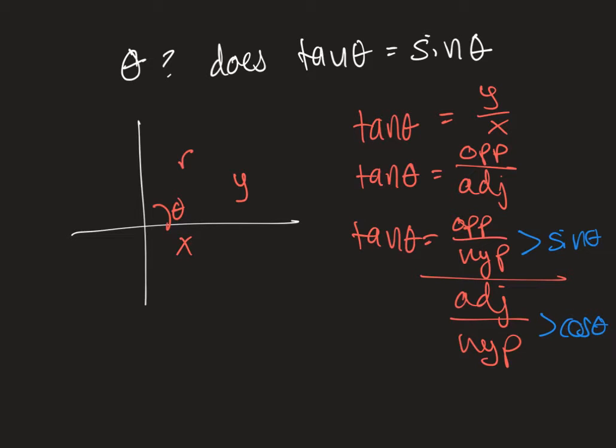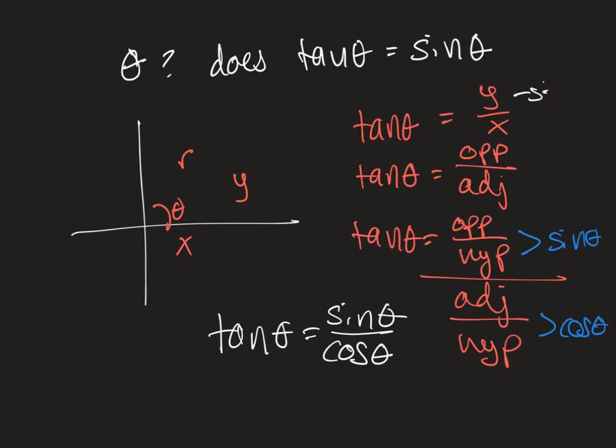So tangent of an angle is the same as sine of an angle over cosine of that angle. On the unit circle it's more obvious because sine is just y and cosine is x. But even in any triangle, even if our radius is not 1, our hypotenuses always cancel out, and we're still left with opposite over adjacent, or sine over cosine.